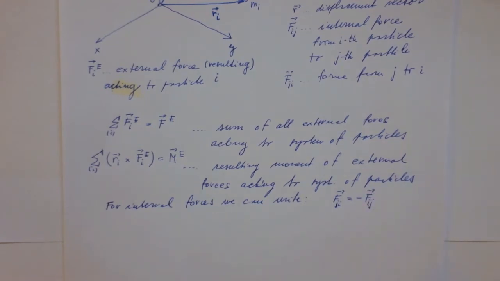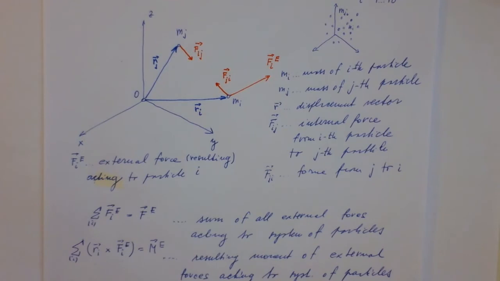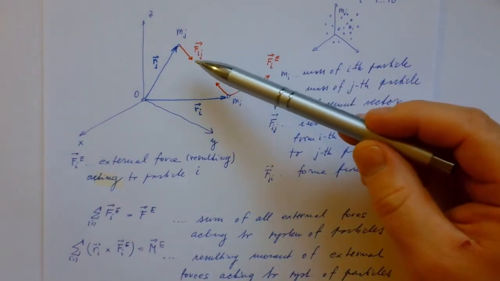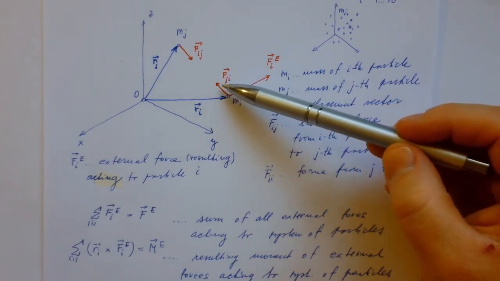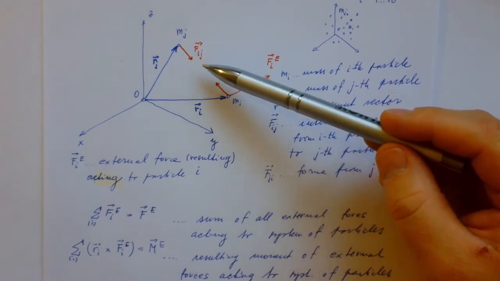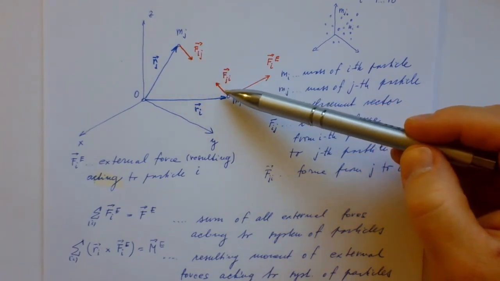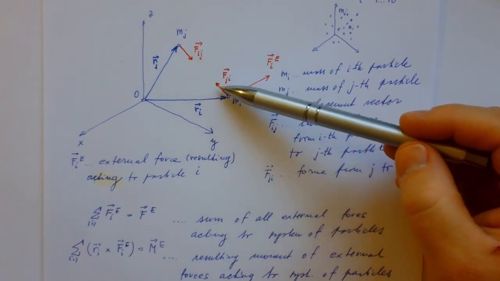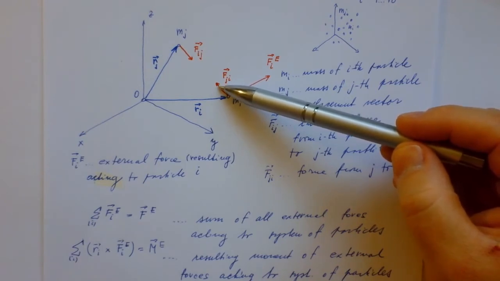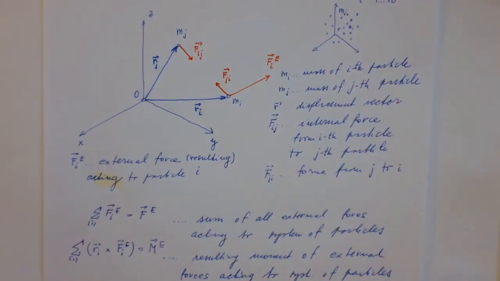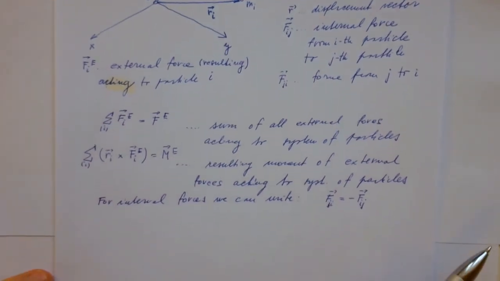It's what I have been talking about before. So if we have some internal forces between particles themselves, they are in compliance with the law of action and reaction. So this is a force of some size, and this is a force of the same size but with opposite direction. So if we sum them, the result is equal to 0.